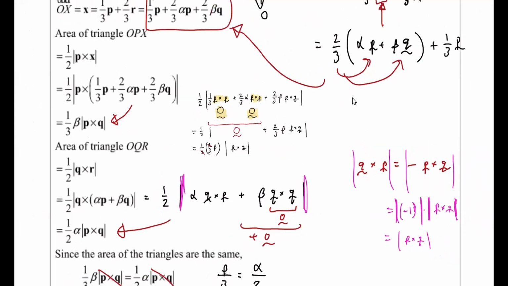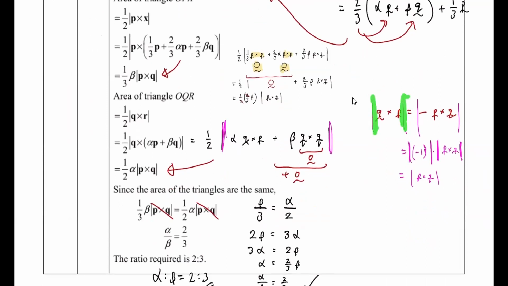Likewise, Q cross P is the same as negative P cross Q, but when you take the modulus, the negative just disappears. You factor it out, you get modulus of -1 times modulus of P cross Q, but the modulus of -1 is just +1, so you get modulus of P cross Q. And you can also factor out scalars, term by term.